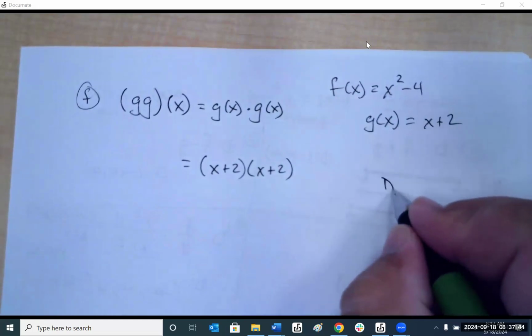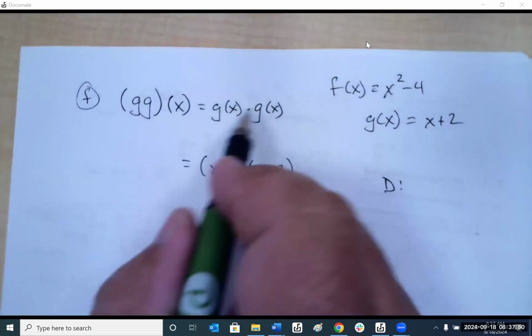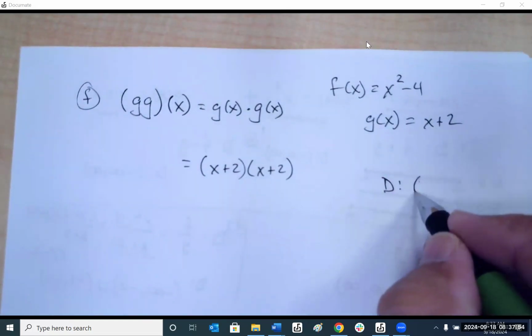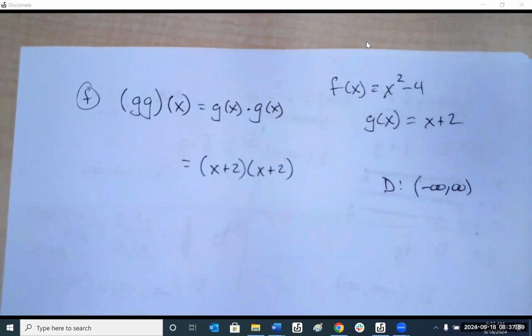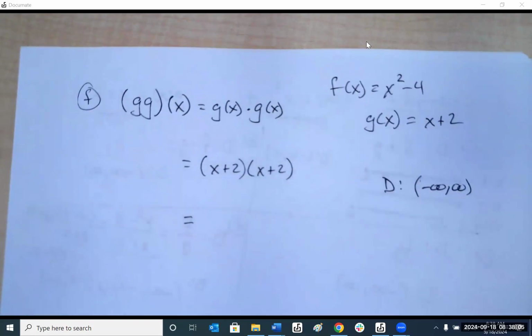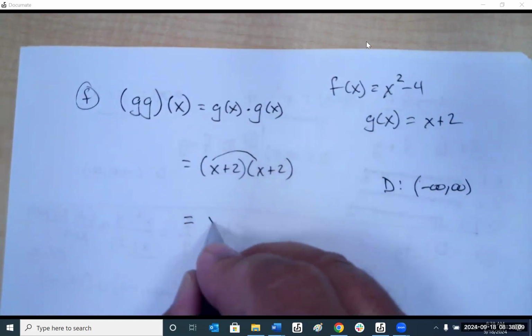What's the domain? Since they're both the same, what's the domain of g? Yeah, because it's a linear equation, we know it's all real numbers. So this one would be x times x is x squared.